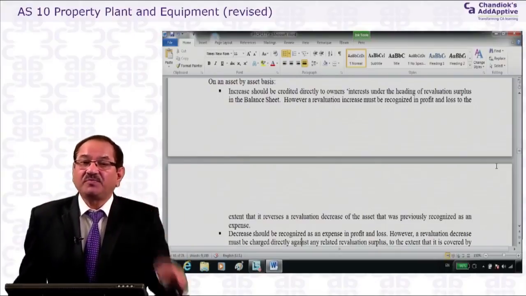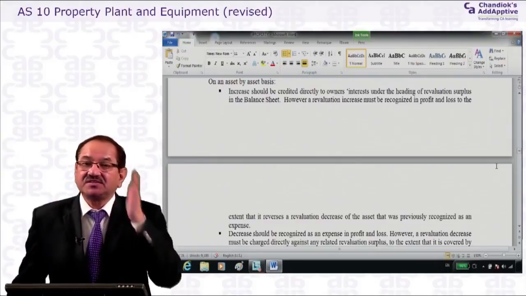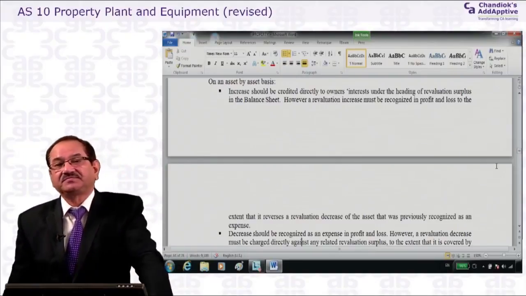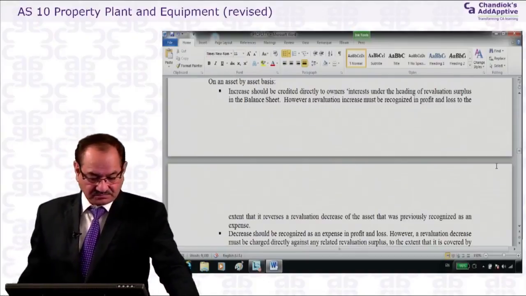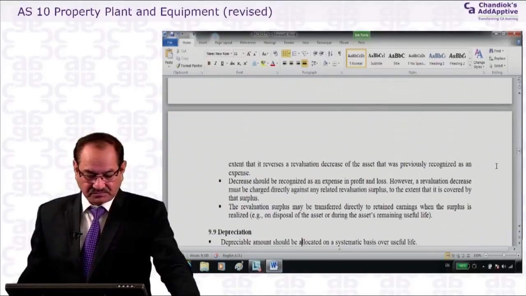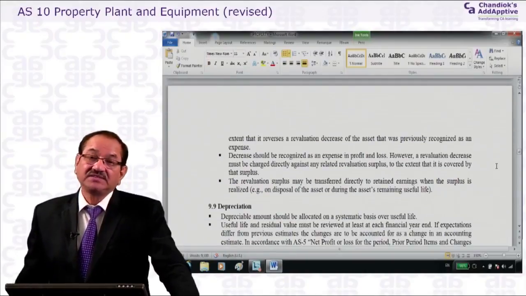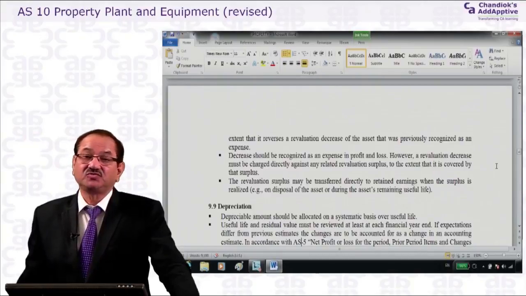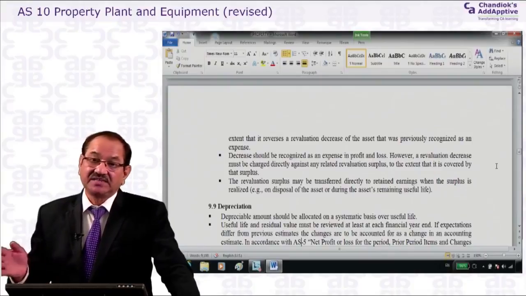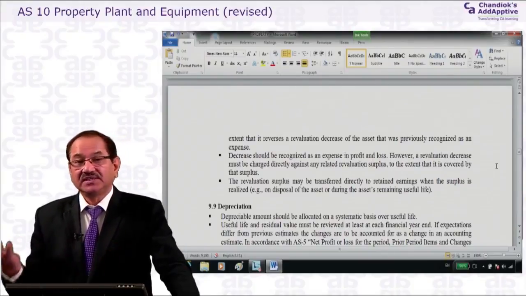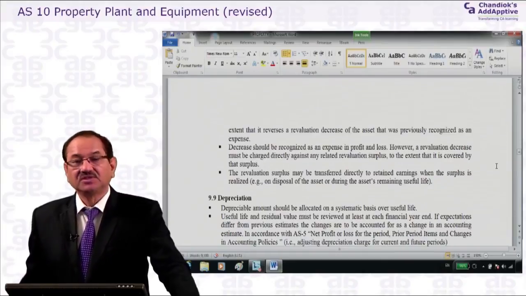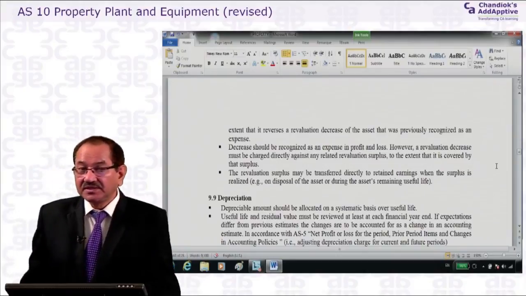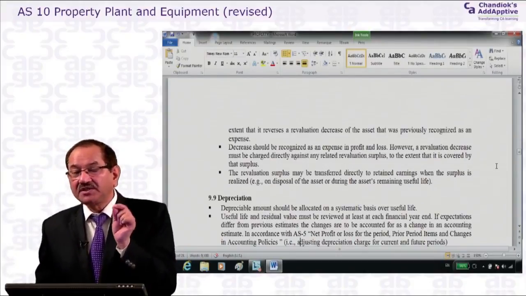You have to debit the whole amount of depreciation of 3 crores in the profit or loss statement. Utilization, increase, decrease, how it should be dealt with, that is also very clearly written, that when you sell it, when you revalue it, then how this revaluation surplus will be dealt with, that is also written here. So that is about the property, plant and equipment.